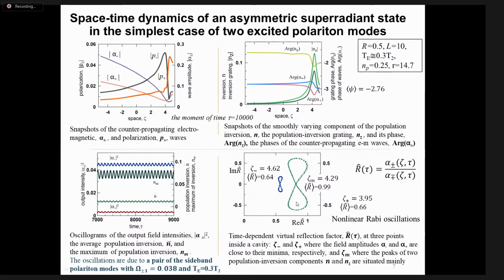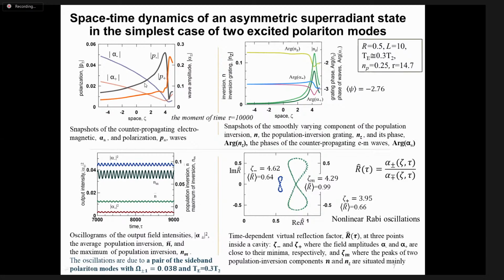For example, in this case the effective reflection factor becomes close to 0.6 instead of 0.5 for the Fabry-Perot mirrors. So this means that this side of the cavity becomes more highly reflecting than the other side.